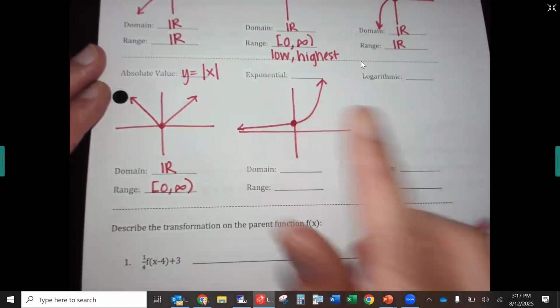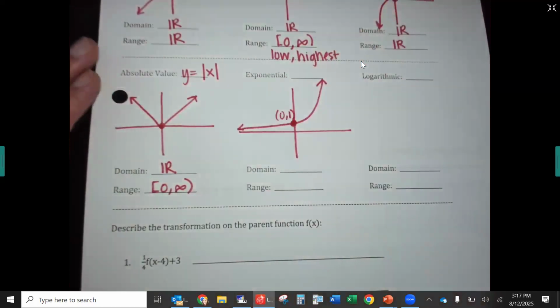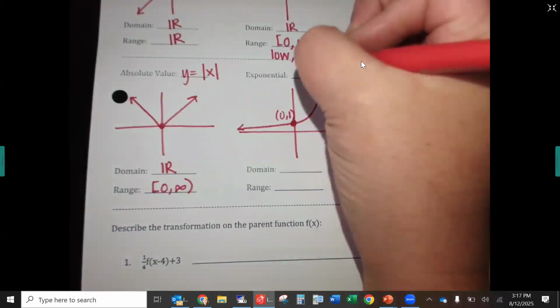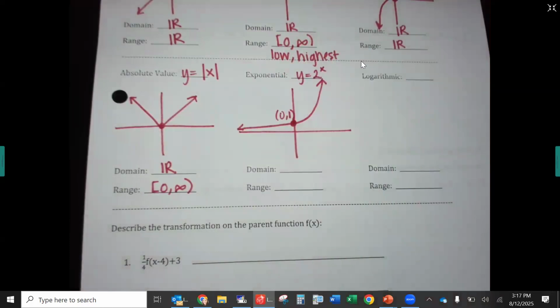It is 1. Very good. So this one, instead of going through 0, 0, it crosses 1 box above the origin. Okay? And we're going to put for your parent function here 2 to the x. Where the x is up top as an exponent, that's what makes it exponential.